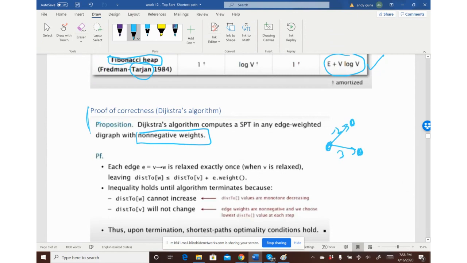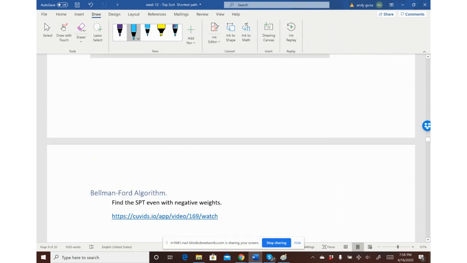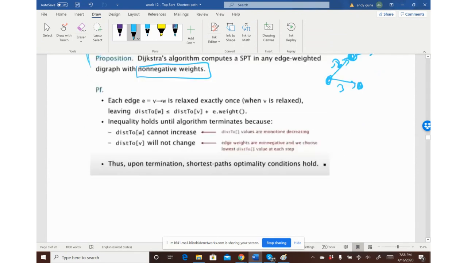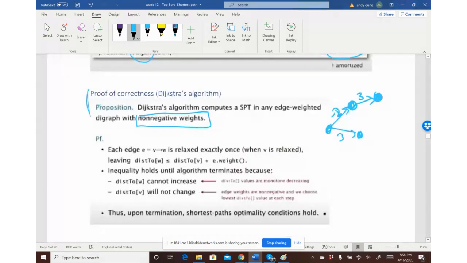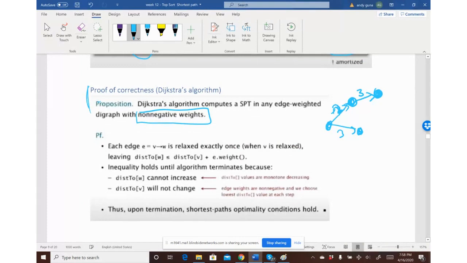For example, to transport something from one node to the other, it costs me $2, I lose $2, or I gain $3. You couldn't apply Dijkstra to this one.